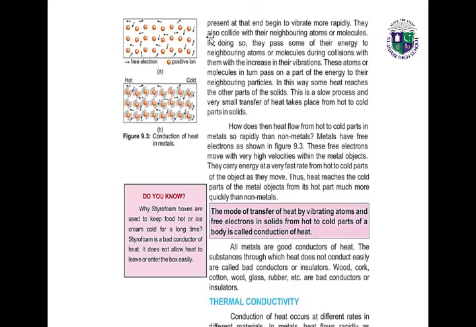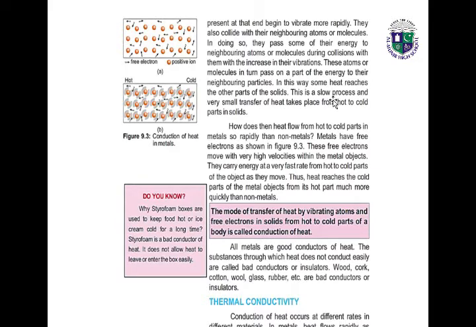They also collide with their neighboring atoms or molecules. In doing so, they pass some of their energy to neighboring atoms or molecules during collisions, with an increase in their vibrations. These atoms or molecules in turn pass on a part of the energy to their neighboring particles. In this way, some heat reaches the other parts of the solid.